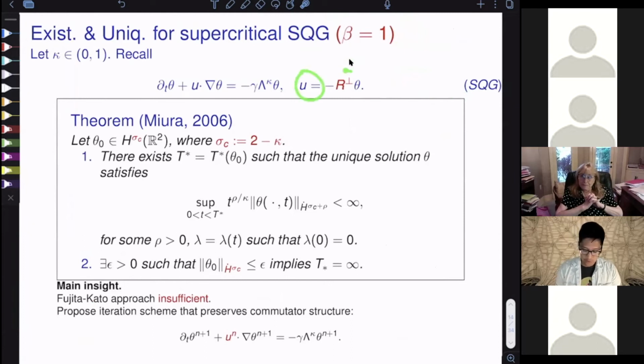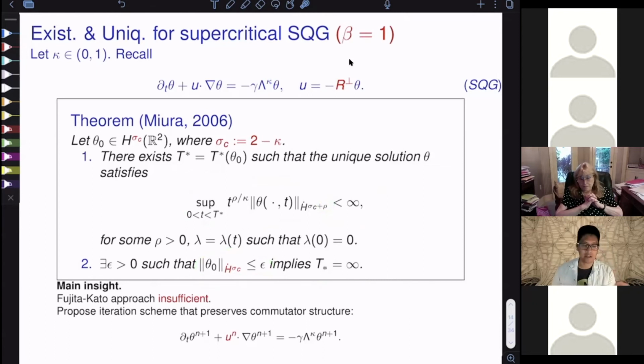In this case, u is a Riesz transform of theta, and one has the following result from Miura: you have local existence for large initial data, and in particular you have some gain in regularity. If your initial data is small enough in this homogeneous norm, then that solution is global.